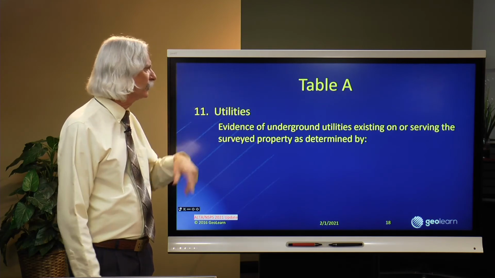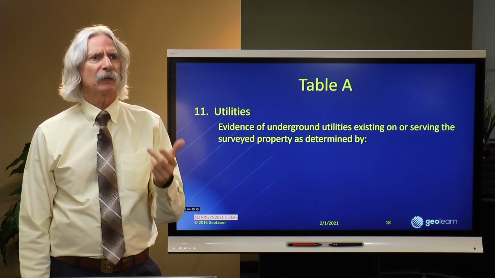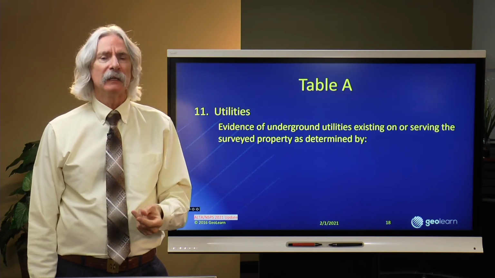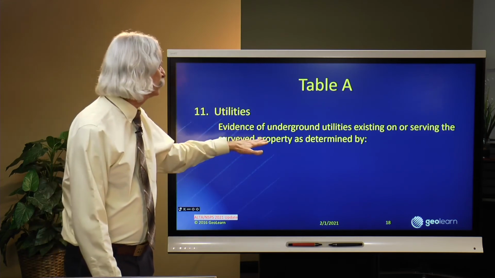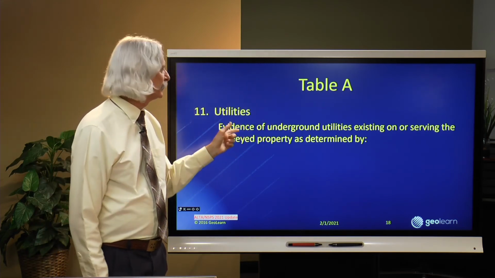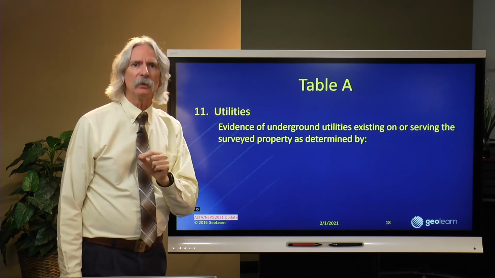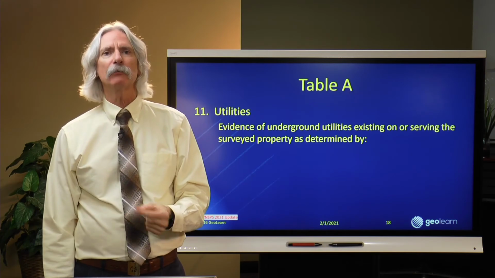And it says evidence of underground utilities existing on or serving the property as determined by. And now we have two choices again. And by the way, in this sentence it also says, in addition to the observed evidence which was required pursuant to section 5E4.